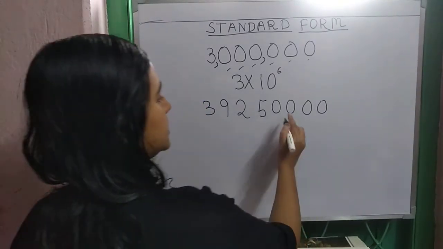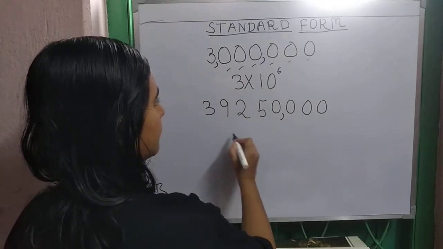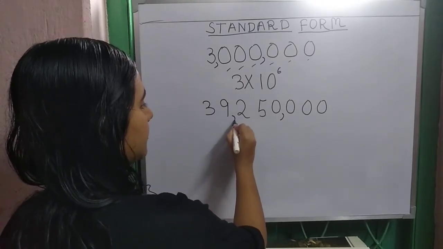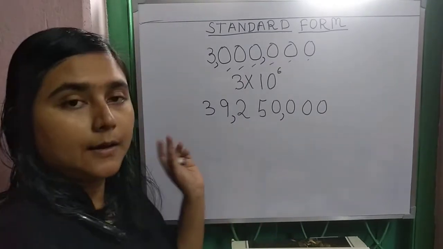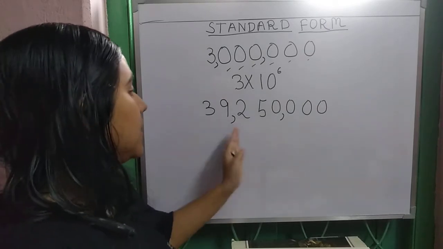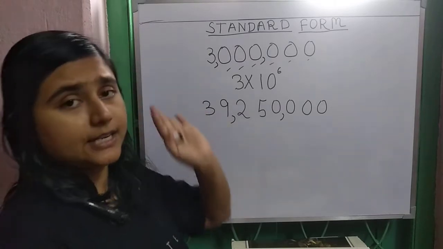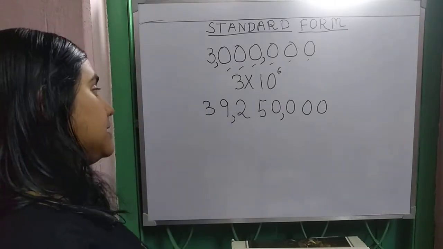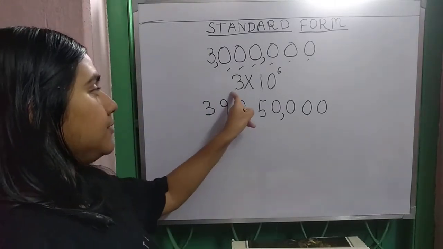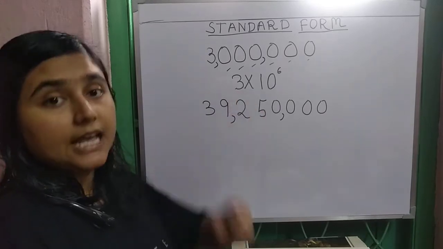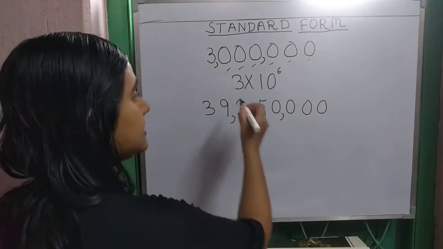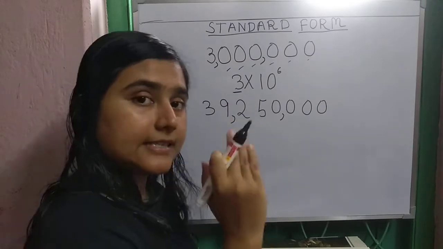Okay, so this is 39,250,000. How to convert this into a standard form? See, in standard form, the first number should be less than 10. See, 3 is less than 10.